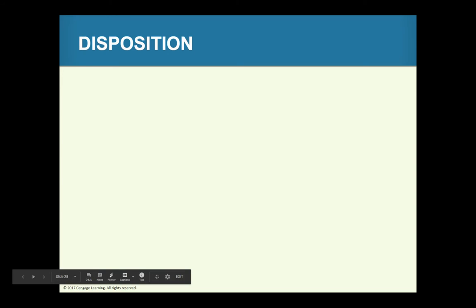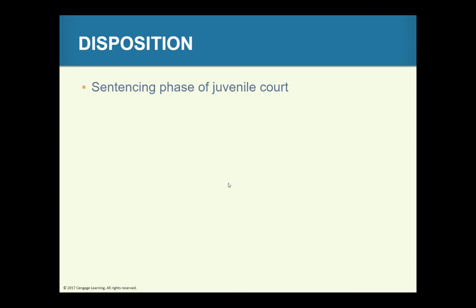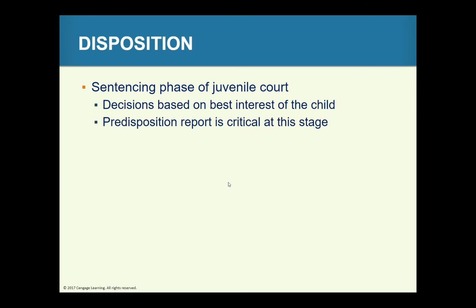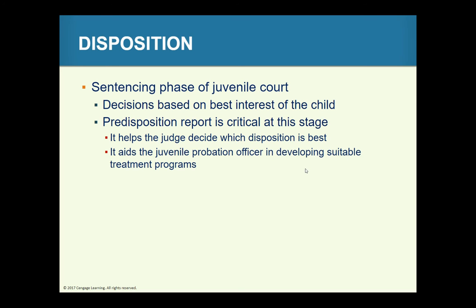So with disposition, this is the sentencing step of the juvenile court process. This is where the court orders treatments that are in the best interest of the child. Adjudication and disposition hearings are bifurcated, and dispositions have been based on the presumed needs of the child, and judges employ graduated sanctions for the juveniles.